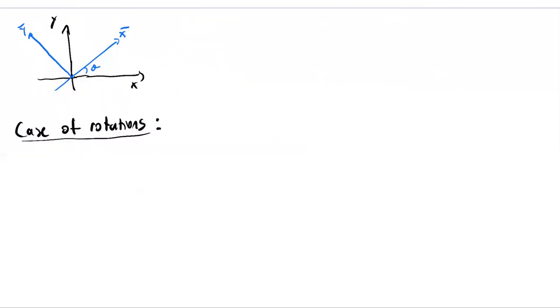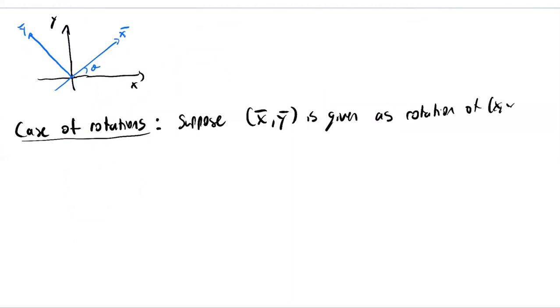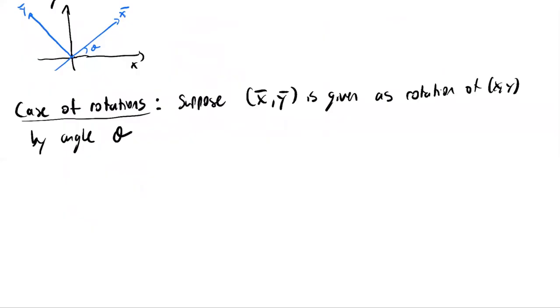Right, and so let's suppose, as above, that x bar, y bar is given as a rotation of x comma y by an angle theta, say. Well, we can describe this using the action of a matrix.